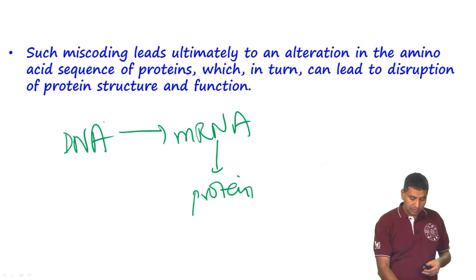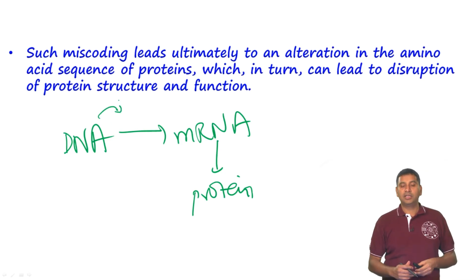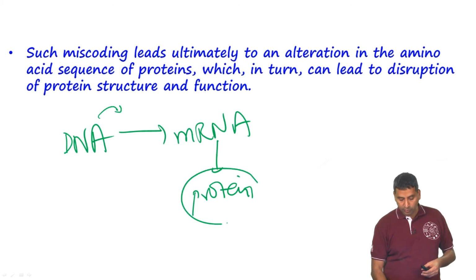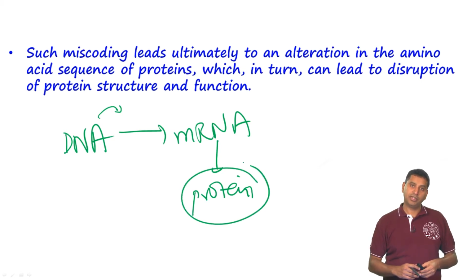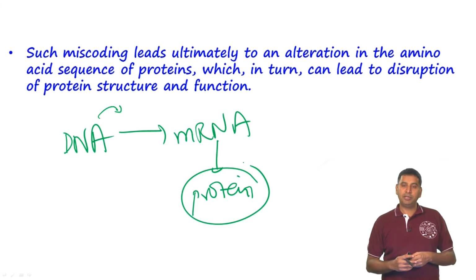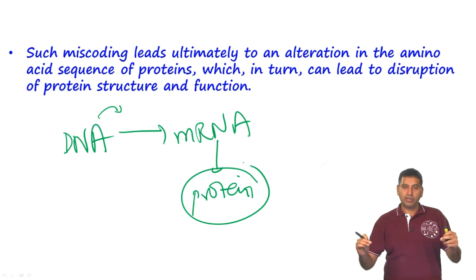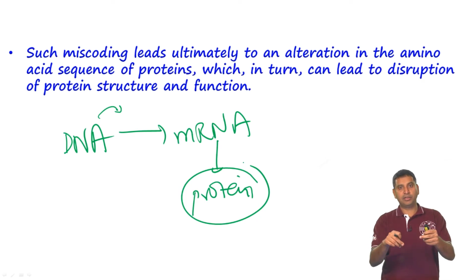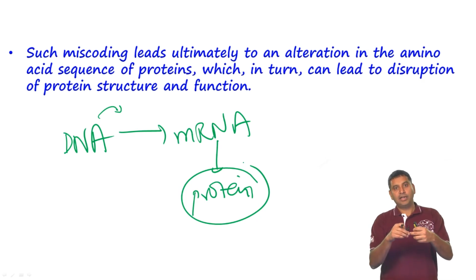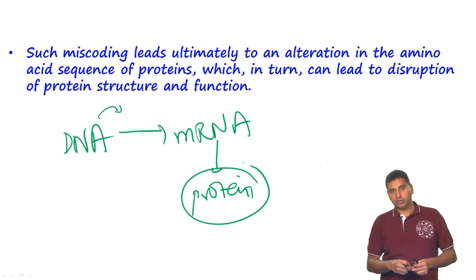However, if you have some mismatch here, then it is going to result in a protein that is perhaps different in its sequence. As we have looked at previously, the primary structure of proteins is very important in how they fold, and the folding is going to determine the function, and of course, it is also going to determine the structure.